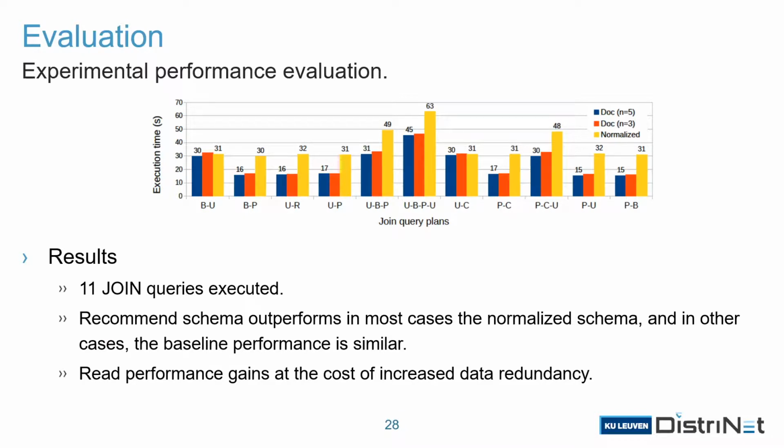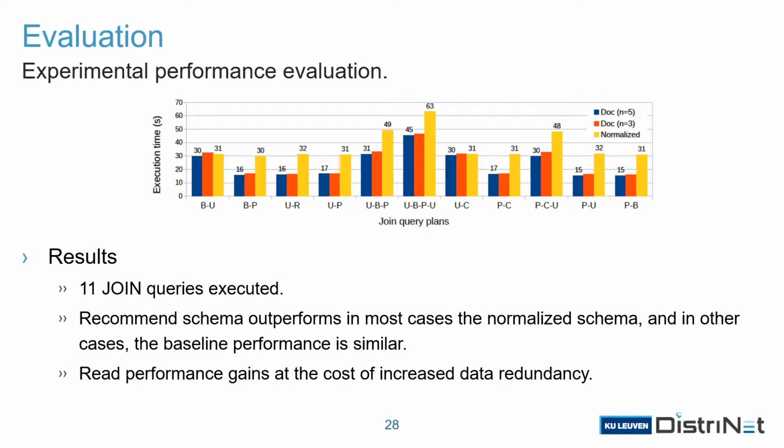And so we can see that the join query performance in most cases outperforms the normalized schema, or in the worst case, the baseline's performance is similar. And this comes from eliminating physical latency between nodes by not having to traverse data structures across other nodes, for example, or latency between client and server when a join wasn't possible, which in this case, a join operation was not possible in MongoDB using horizontal distributed tables or sharded tables.